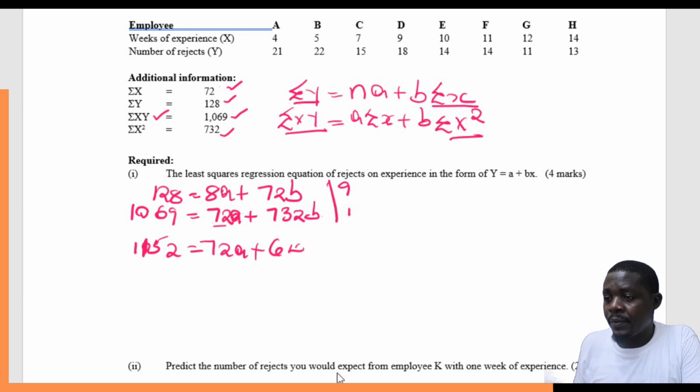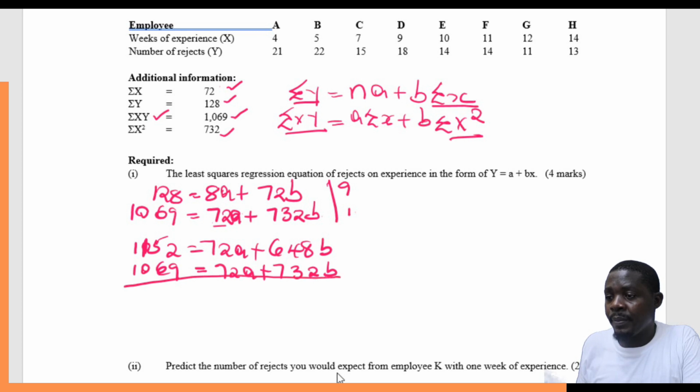Then 1069 is equal to 72a plus 732b. Since we want to eliminate a, we subtract. 648 minus 732 gives negative 84b, equal to 1152 minus 1069, which is 83.